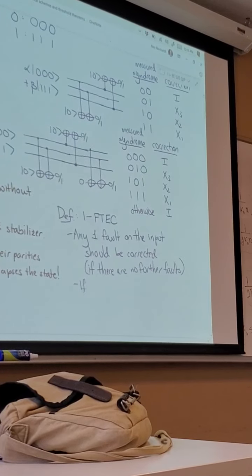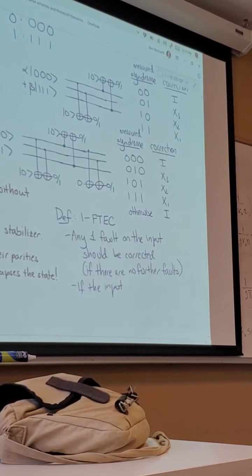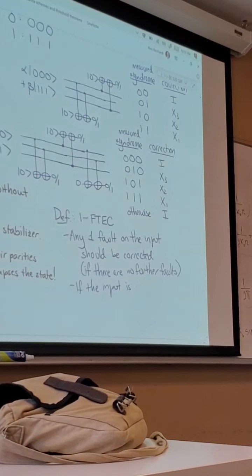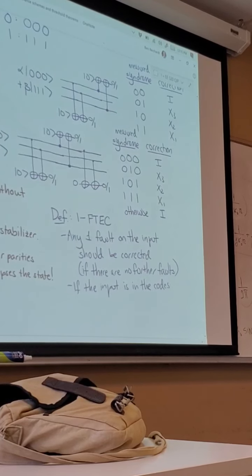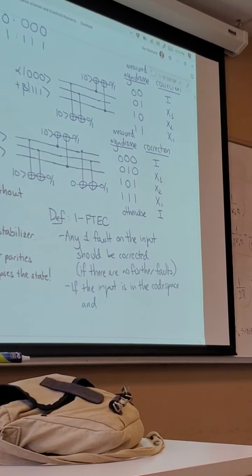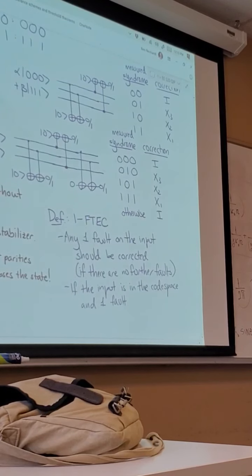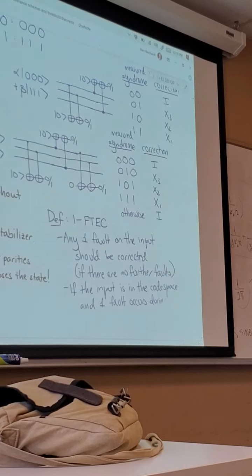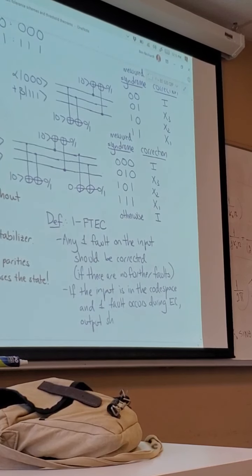If the input is perfect, meaning it lies in the code space, and one fault occurs during error correction, the output should have at most one fault.